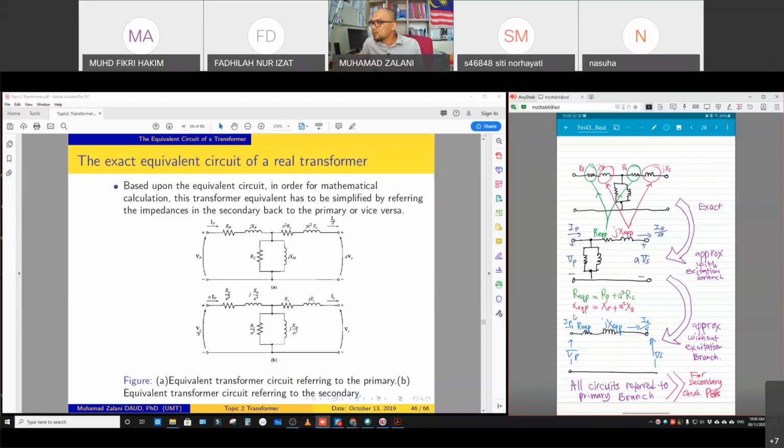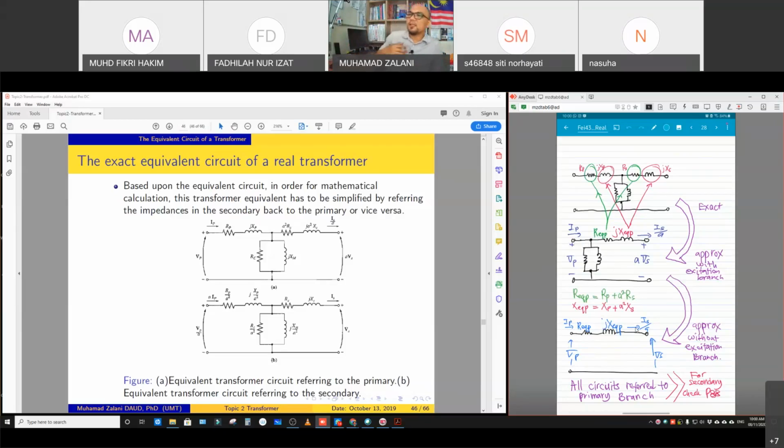This equivalent circuit normally applies for a transformer which is large enough, so that we can neglect some of the effects of the losses in terms of hysteresis and eddy current. Okay. So in a well-designed transformer, normally we can avoid that sort of eddy current and hysteresis loss.